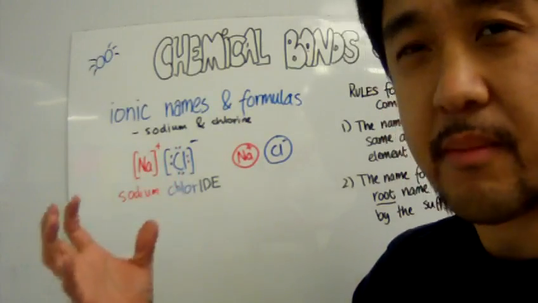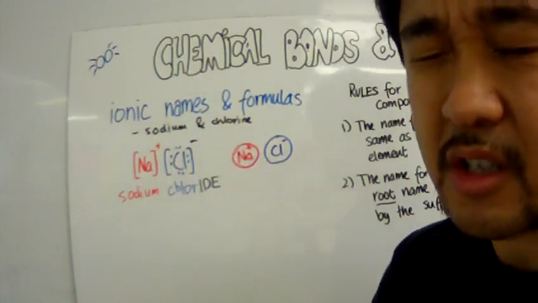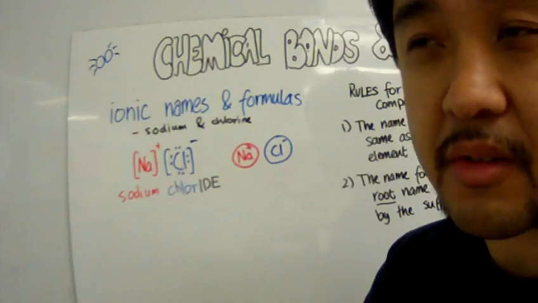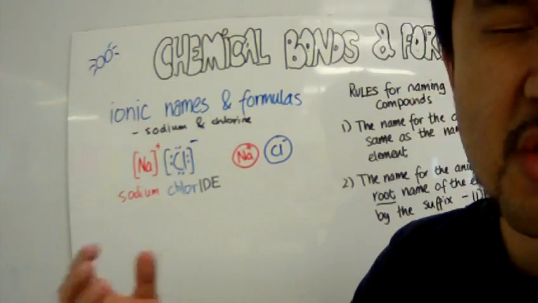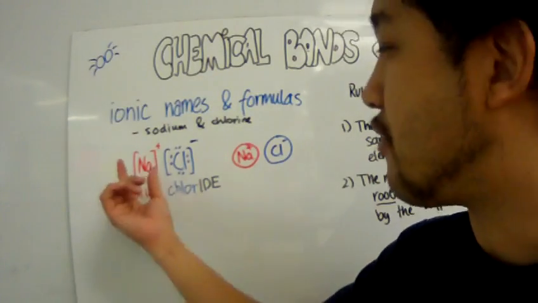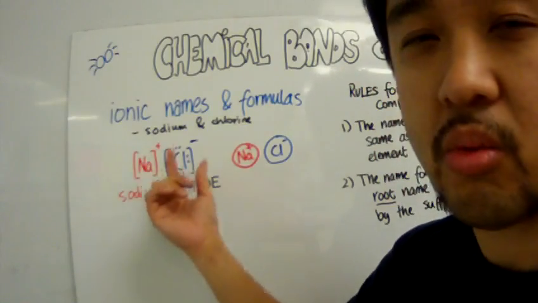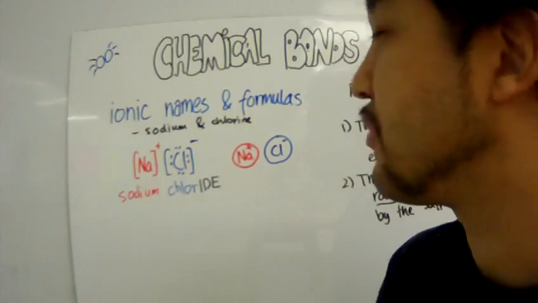So 1 sodium will always be neutralized or balanced out. The charge of the sodium will always be balanced by the charge from 1 chloride. So you have a 1 cation to 1 anion ratio, a 1-to-1 ratio.